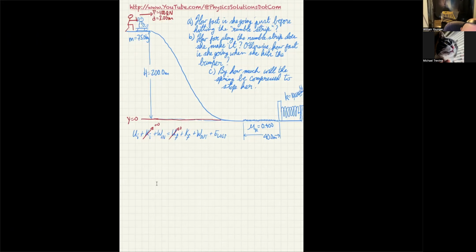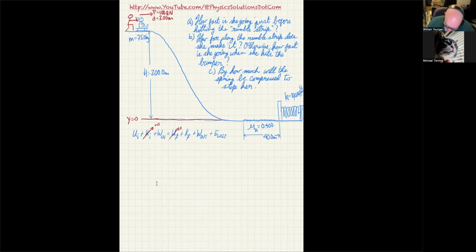And for part A, we're just trying to figure out how fast she's going when she hits the level spot. So for part A, the work out and the E loss is going to be zero. That's the way you work these conservation of energy problems. A large fraction of the terms are going to be zero.